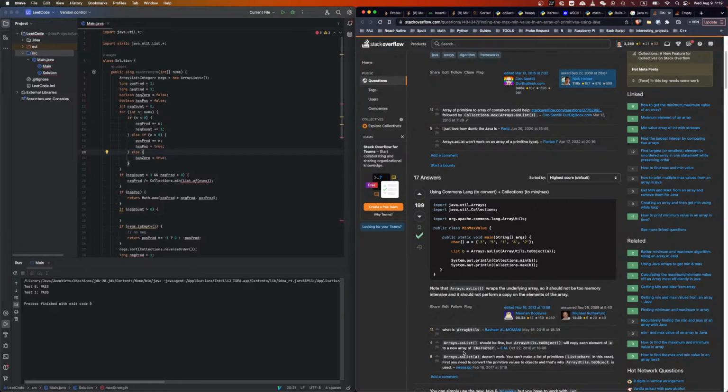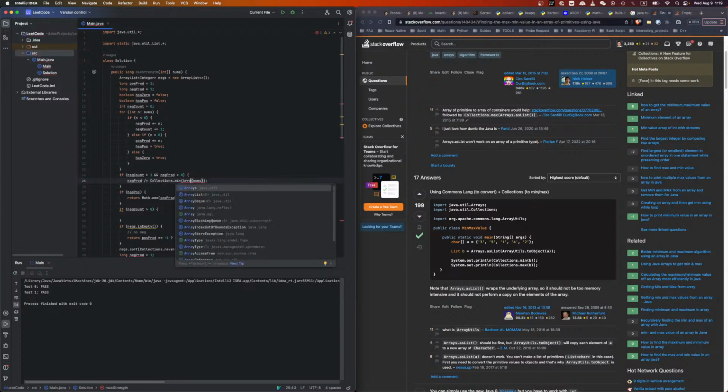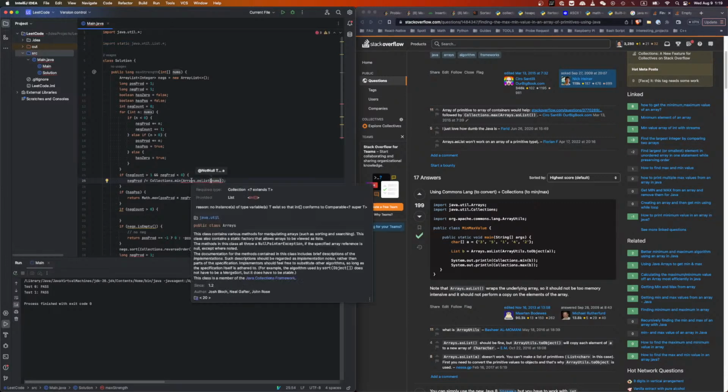Arrays actually. I tried Arrays.asList. It didn't work. No instance of type T exists so that it conforms to.